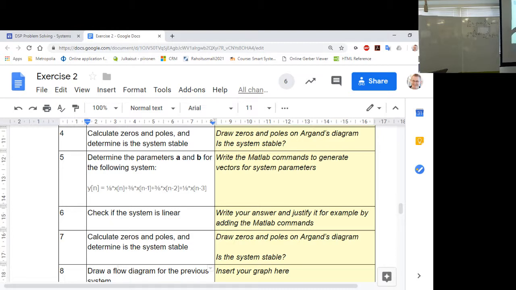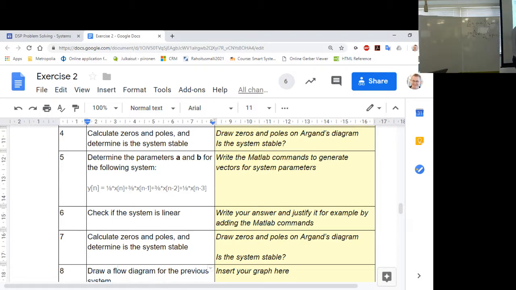Okay, so determine the parameters A and B for the following system. Nothing fancy. Check if the system is linear. Write your answer, justify why you think it's linear. Calculate the zeros and poles and determine if the system is stable.